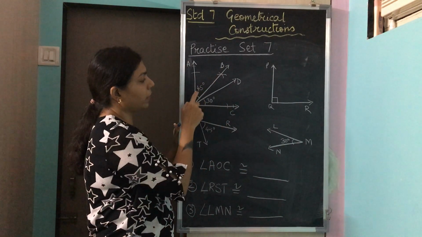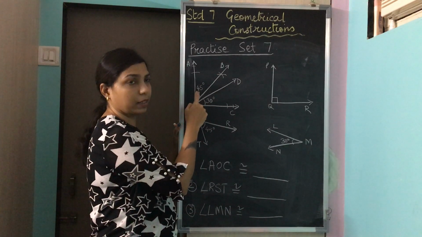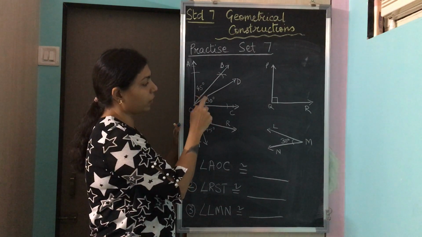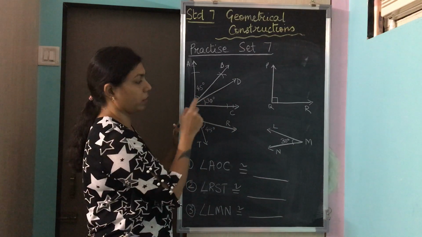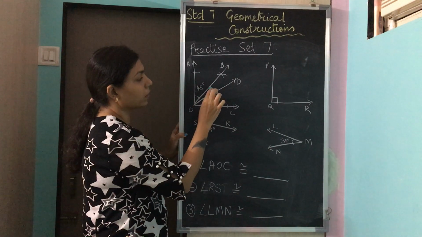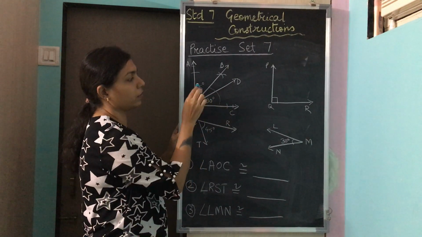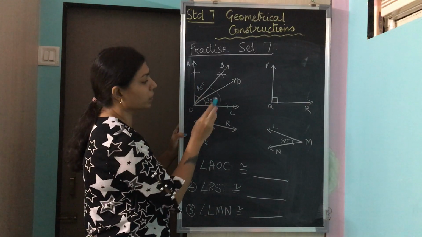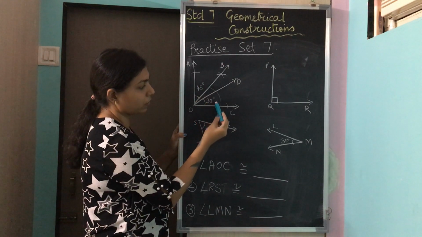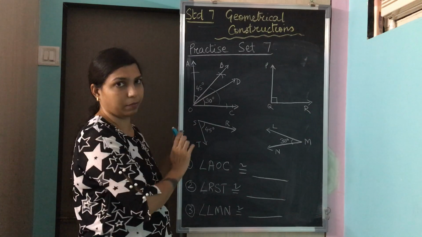This bisector is dividing your angle into 45 degrees over here and 45 degrees over here, which means that this measurement is 45, this is 45. Out of this much is 30 degrees, so this much is marked.